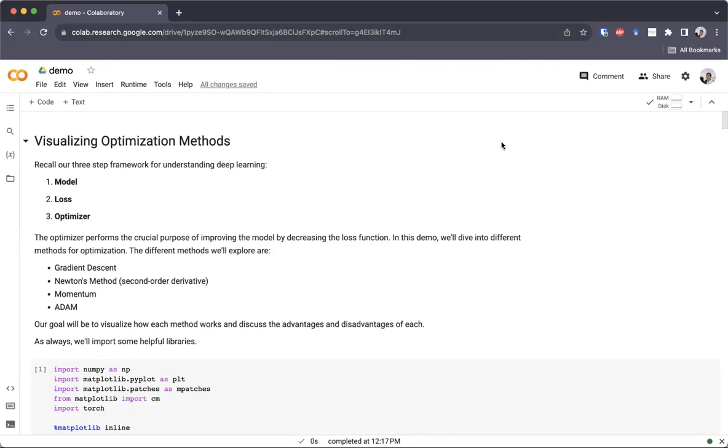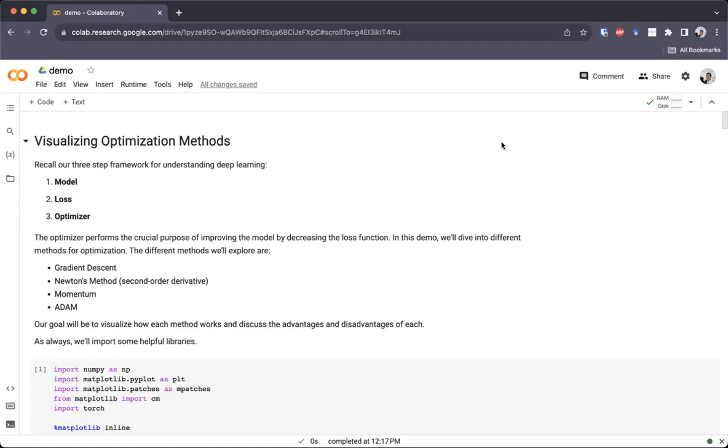Okay, so our goal is to visualize how each method works and discuss the advantages and disadvantages of each one. Unlike most demos, today it's not so important that you understand what the code is. In fact, I won't be coding it from scratch, and I don't really care if you even look at the code.